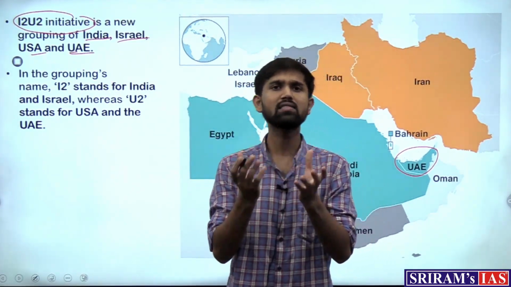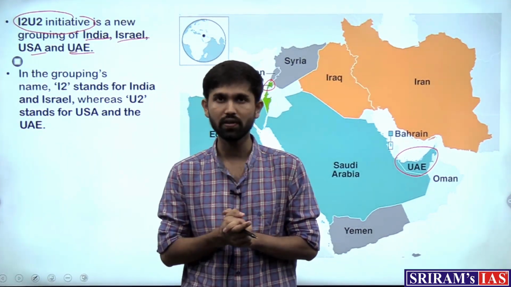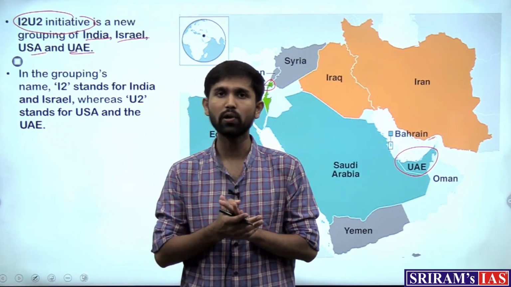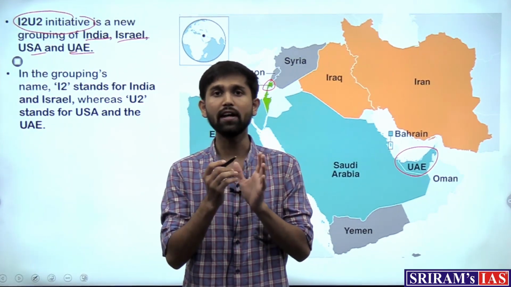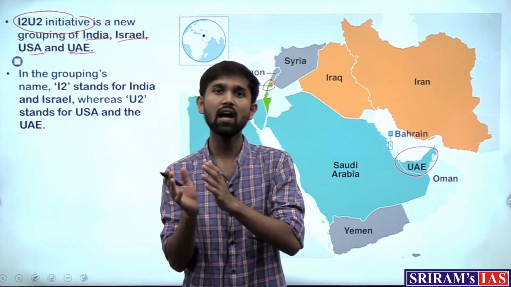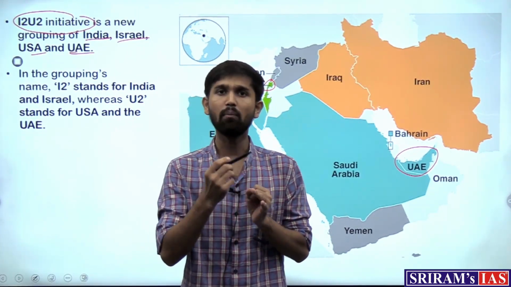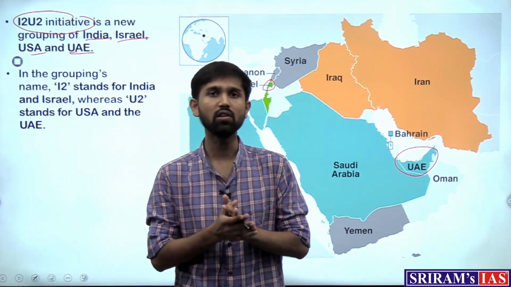Now why does this grouping gain significance? We know that USA is a supporter of Israel, right? It has been advocating the rights of Israel, and it also is now interested in balancing Israel's relations with the other countries of West Asia, such as Saudi Arabia, Bahrain and UAE.